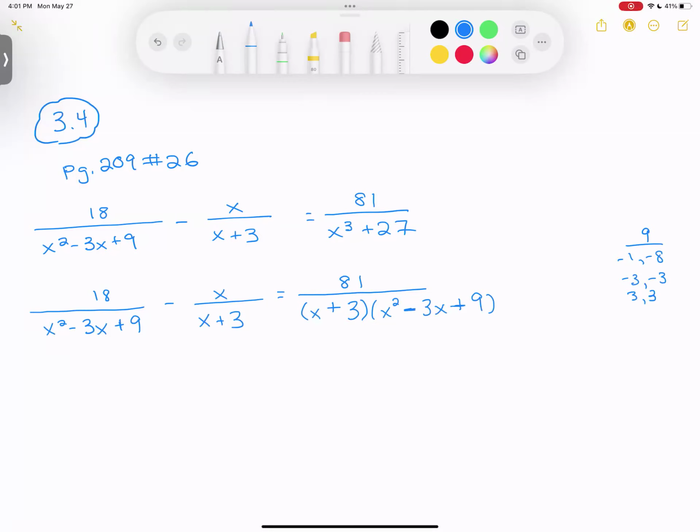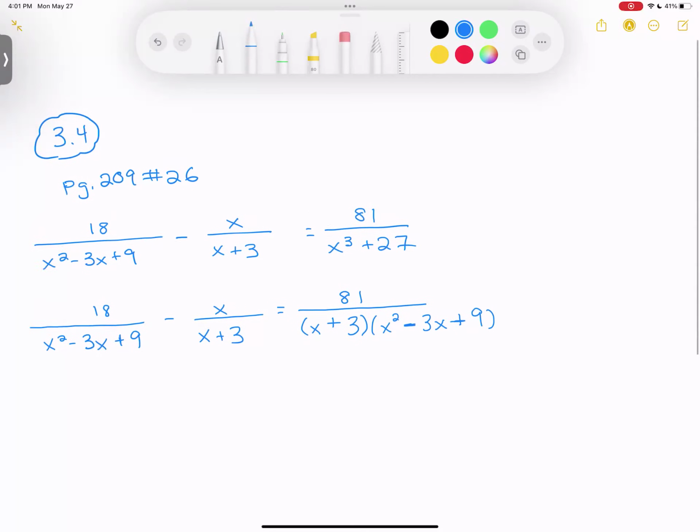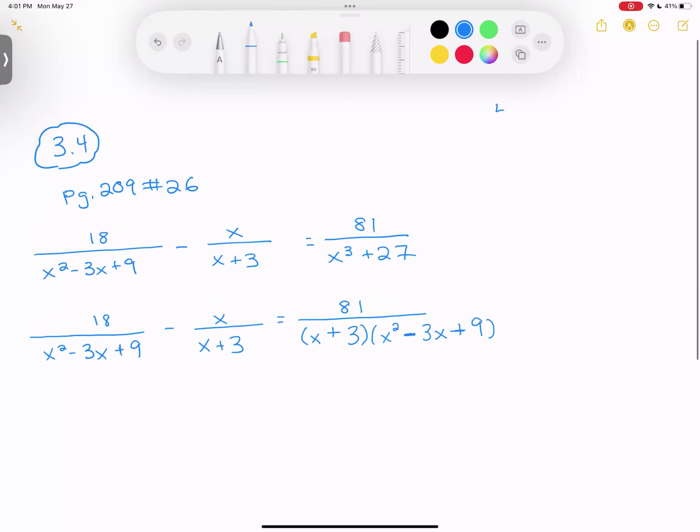Okay, and phew, that was good because look, you can see we've got that binomial in common and we have the quadratic in common. So we're going to have an LCD that's not quite so hairy here because it's only going to have two things in it. So to figure out the LCD, our first denominator has just one factor, if you will. It just has this quadratic expression.